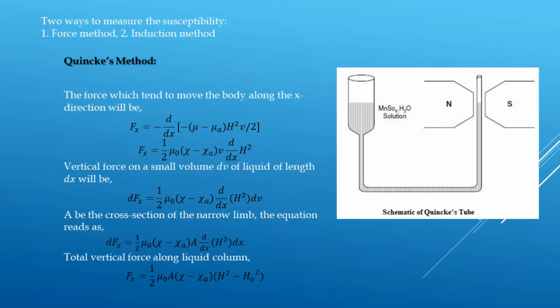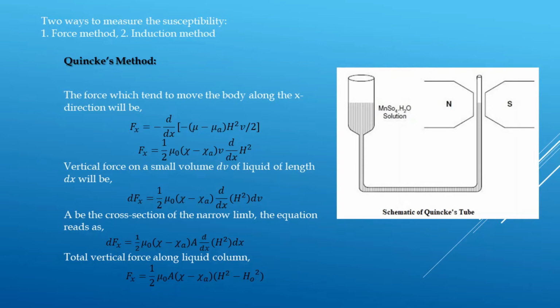So what would be the total change in the potential energy? The change would be minus, because the potential energy was minus, right? So minus mu a h square v by 2.